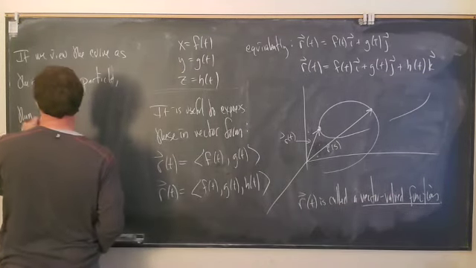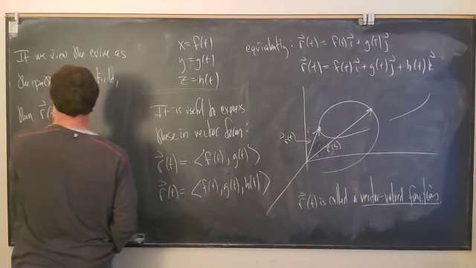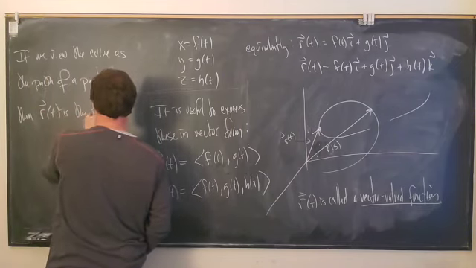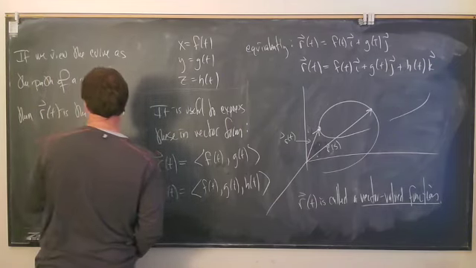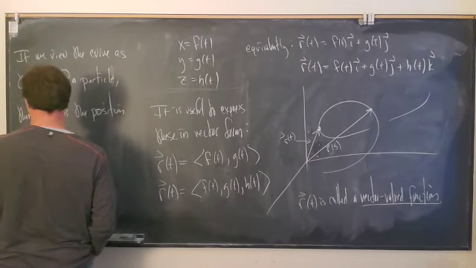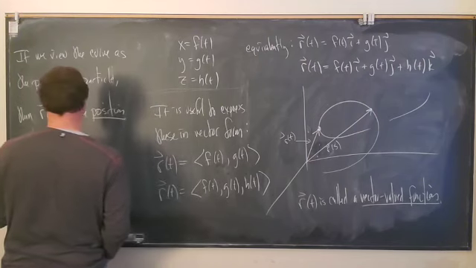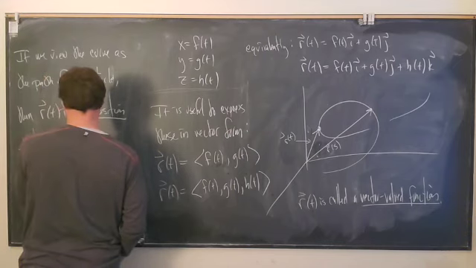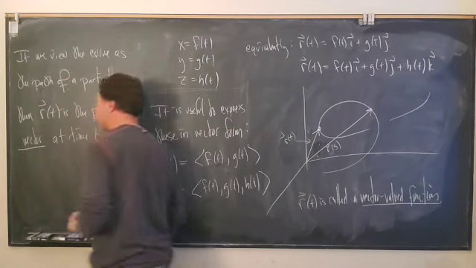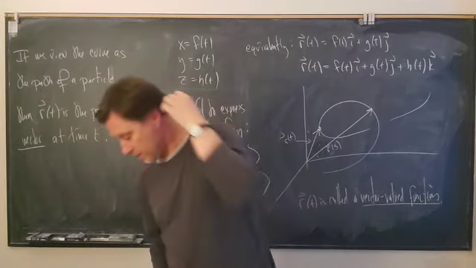So r of t is the position vector, or just position at time t.